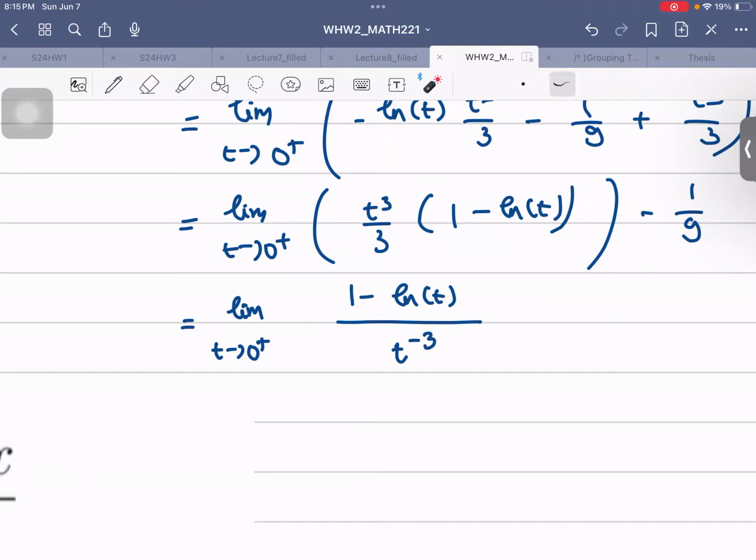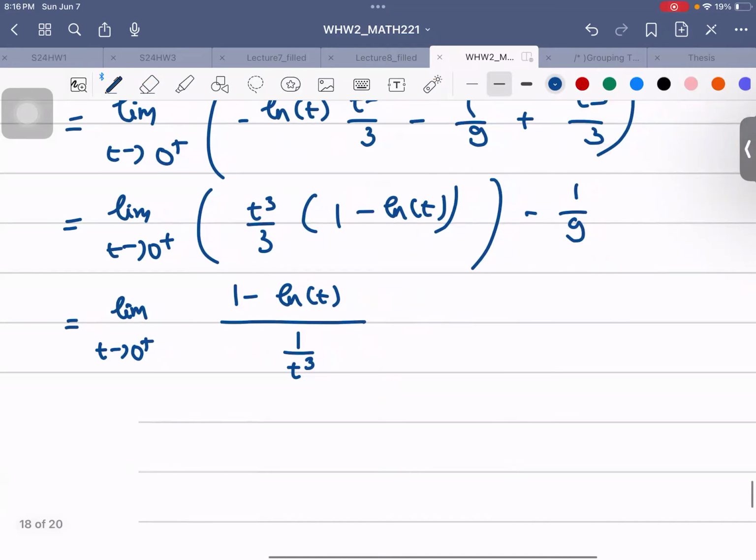I bring the t to the power of 3 into the denominator, and when I bring something from the numerator to the denominator, I get the negative power. That means I have 1 over t cubed over here.